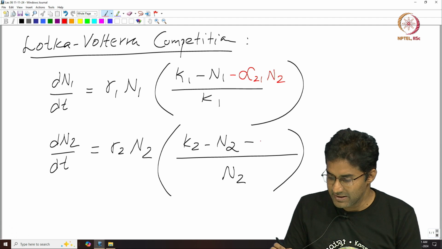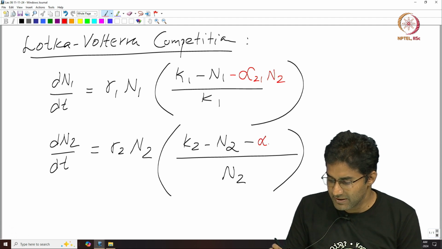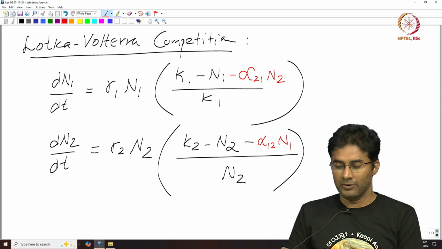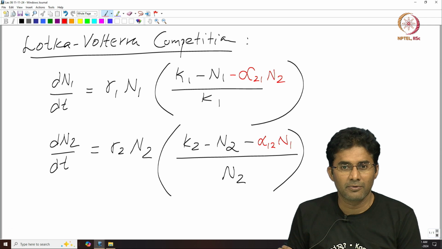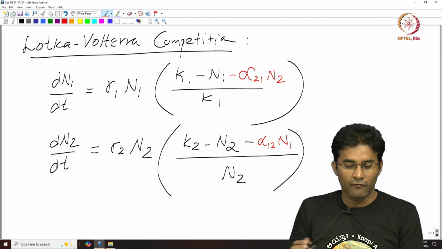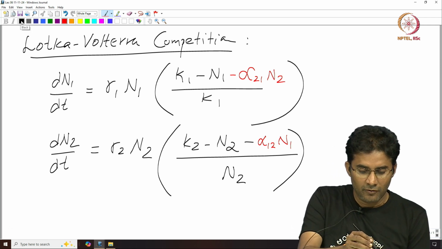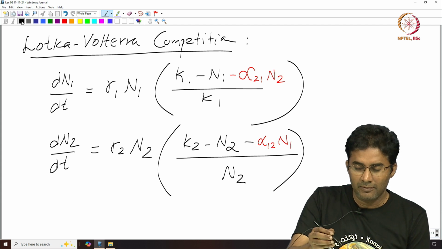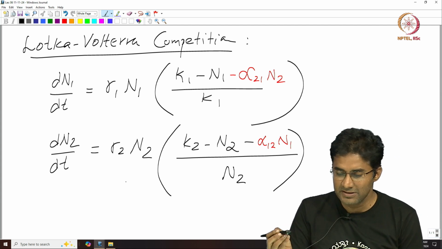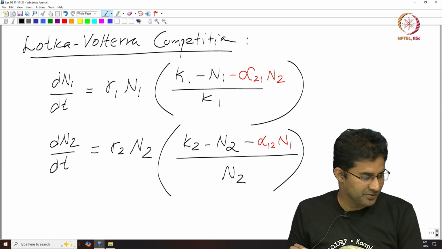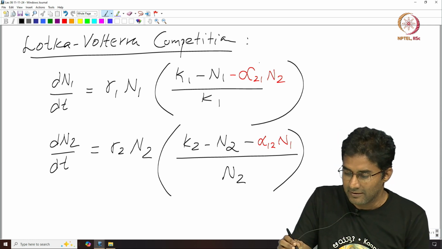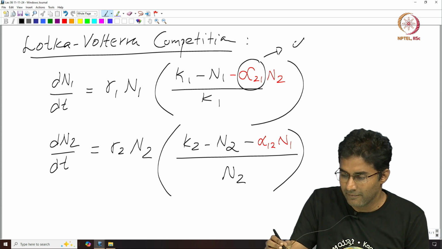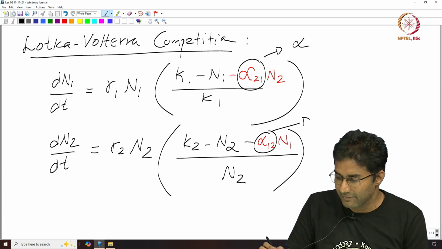However, in presence of species 1, there is an effect of species 1 on 2, and so therefore, we have this additional term of alpha 1 2 n 1. Following the reference of Gotelli, A Primer of Ecology, I am going to replace this by alpha, I am going to replace this by beta.